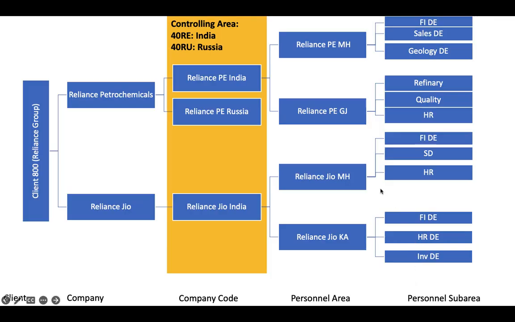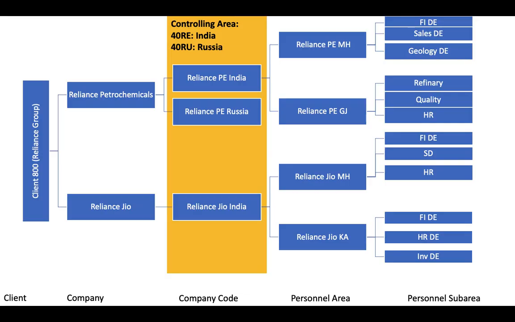Reliance Jio Maharashtra has finance, sales, and HR departments. Reliance Petrochemical Gujarat has refinery, quality, and HR departments, and Reliance Petrochemical Maharashtra has finance, sales, and geological departments. This is how we generally categorize the enterprise structure.